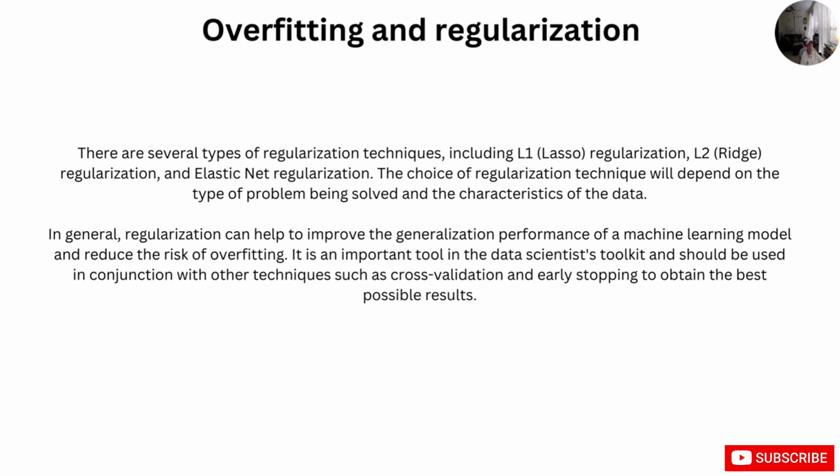In general, regularization can help to improve the generalization performance of a machine learning model and reduce the risk of overfitting. It is an important tool in the data scientist's toolkit and should be used in conjunction with other techniques such as cross-validation and early stopping to obtain the best possible results.